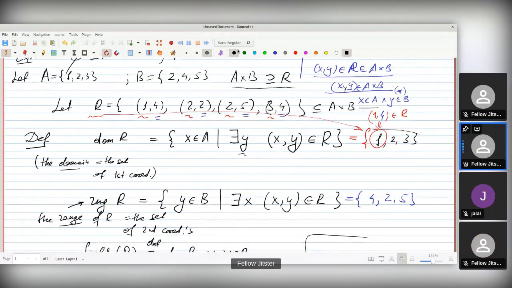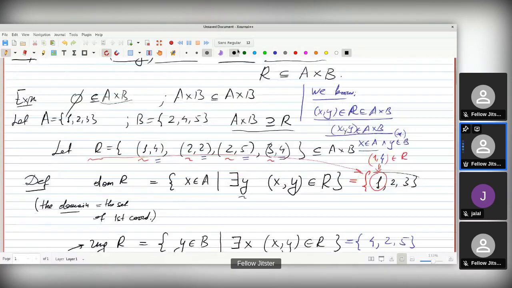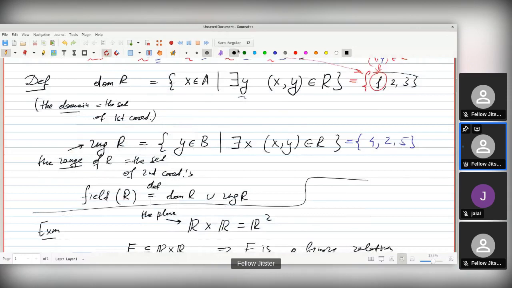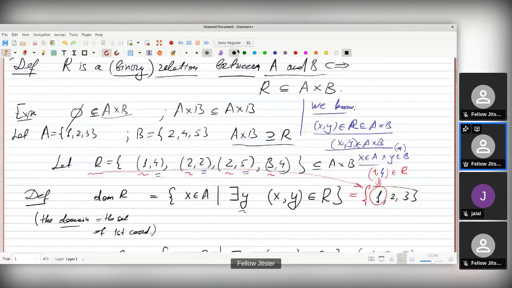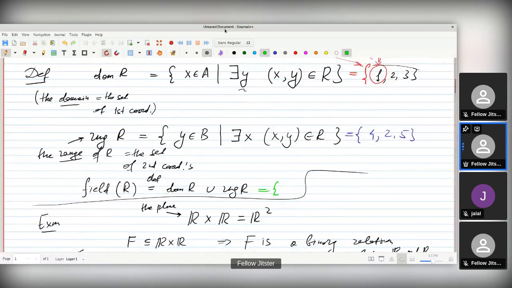Let us take all the elements from A union B, or maybe all the elements from this relation. What is the field here in our example? Which points are either first or second coordinates of a pair from our relation? Let us take the union of these two. What is it? 1, 2, 3, 4, 5.